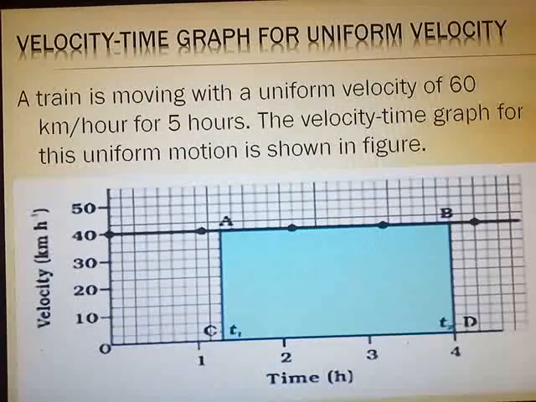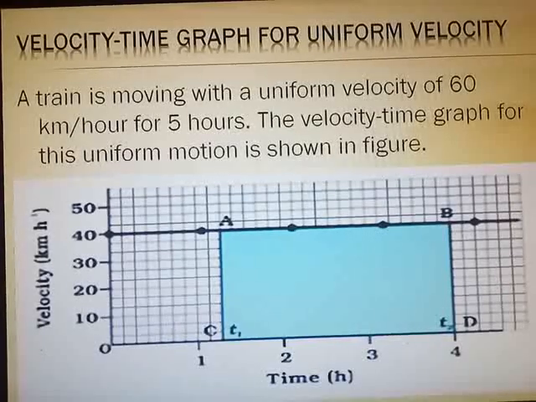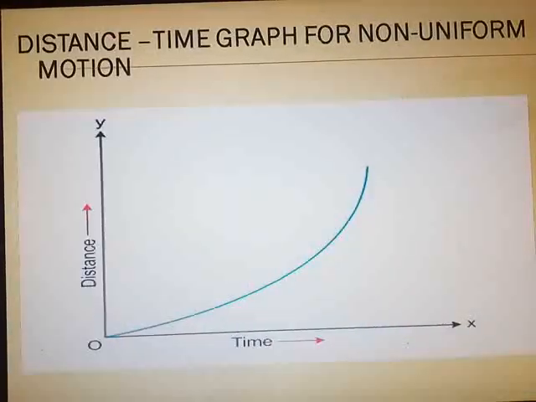We move on to the next graph, that is velocity time graph for uniform velocity. Children, if you want to refer to the graph, you can keep your textbooks open on page number 6.